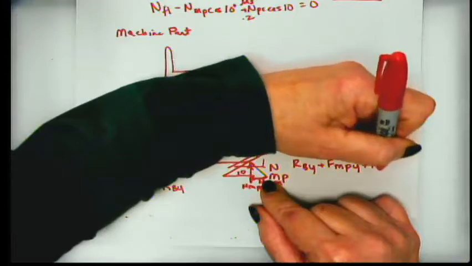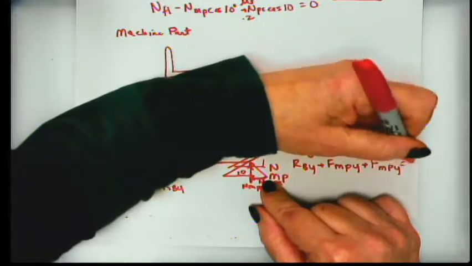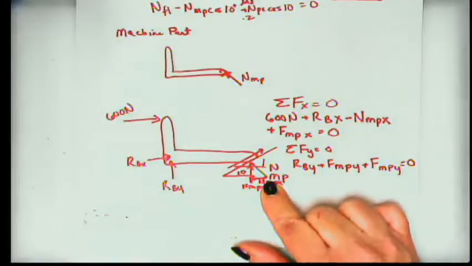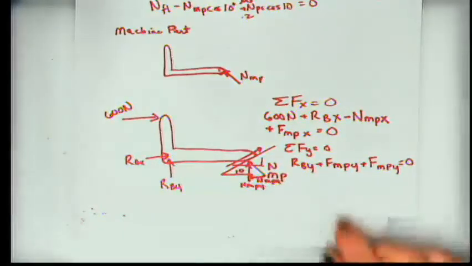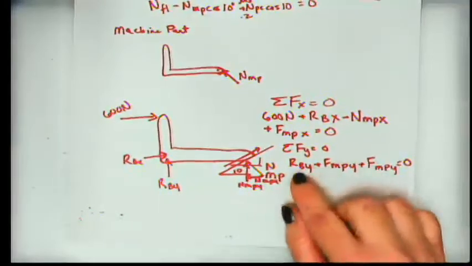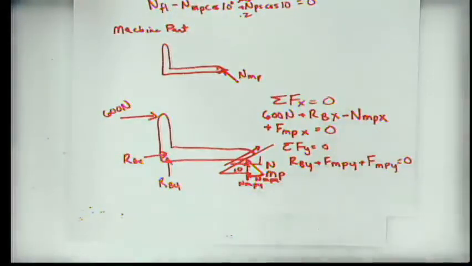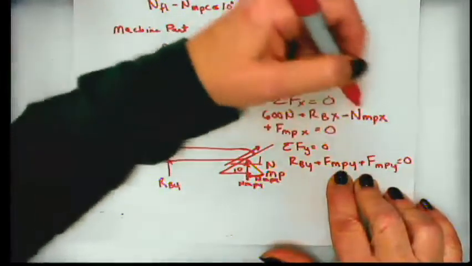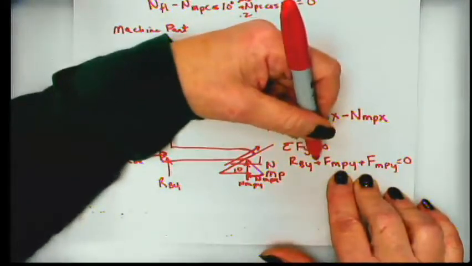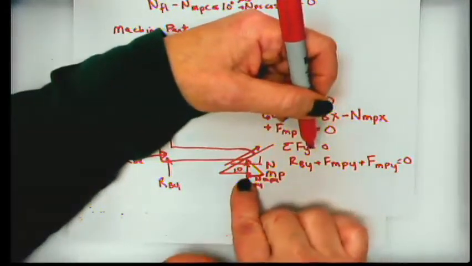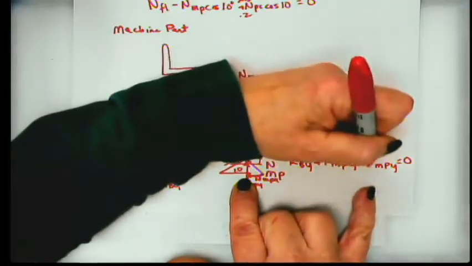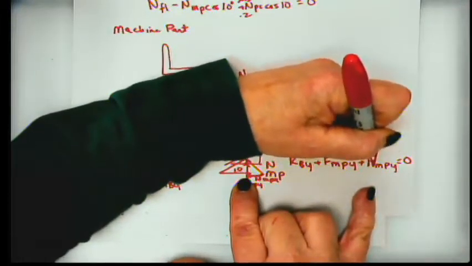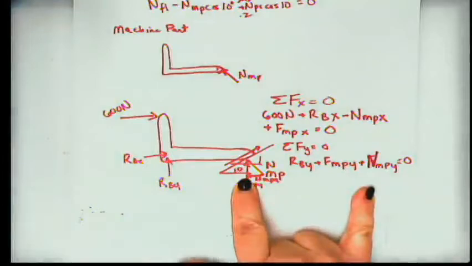So that's plus the normal force from the machine part in the y direction equals 0. And at that point, we have 1, 2, 3, 4 unknowns. Sorry, this should be the normal. I've got this normal. I just wrote n twice, like that. All right?